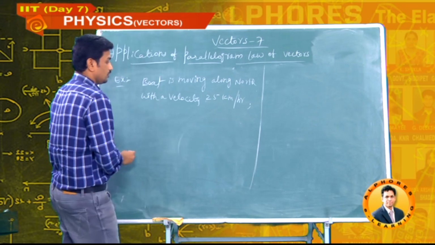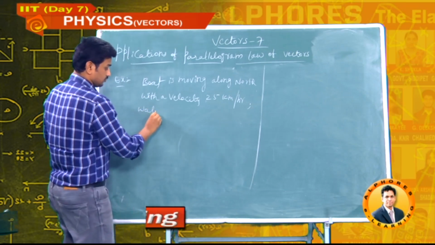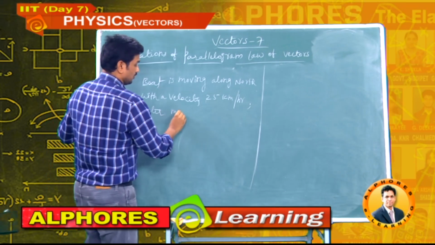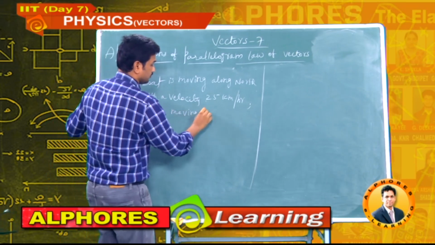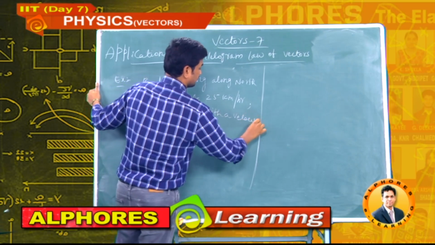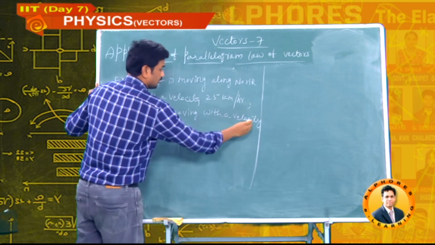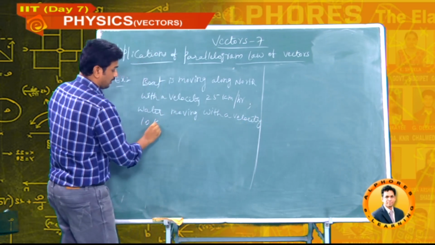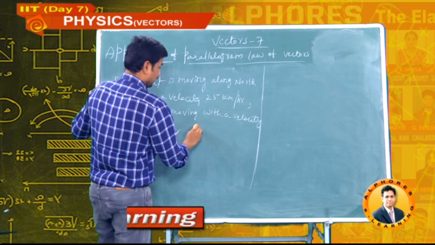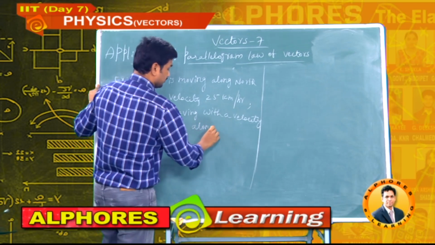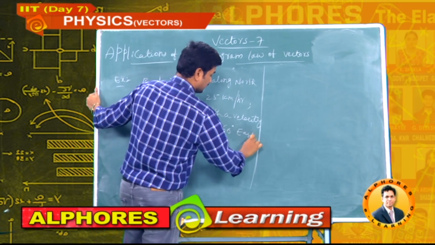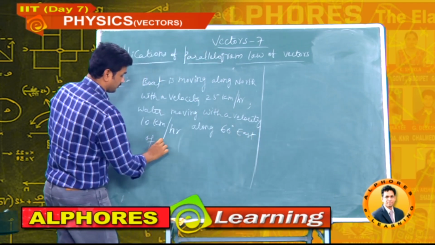Now, the boat is moving in a river, and the water is moving with a velocity of 10 km per hour along 60 degrees east of south.